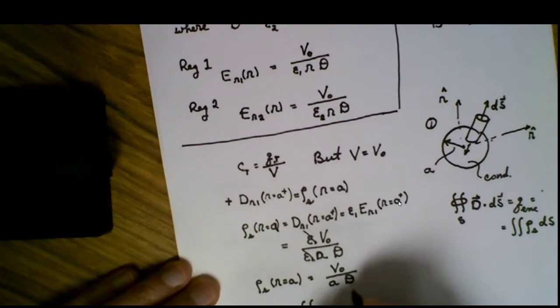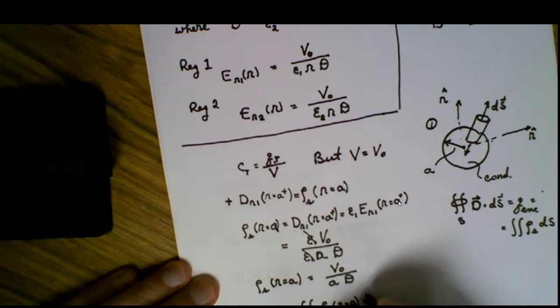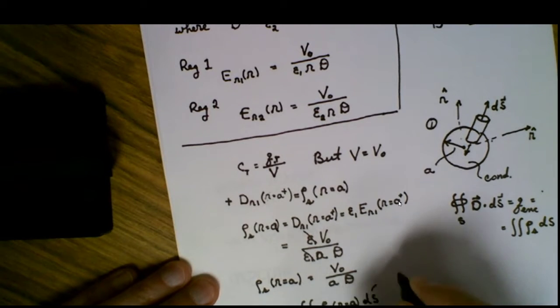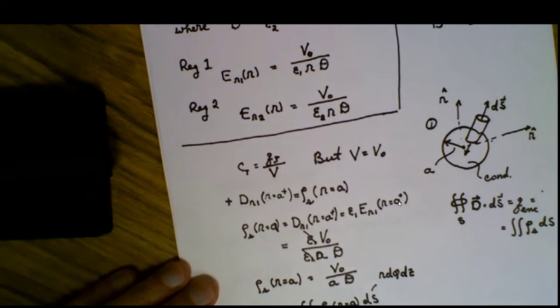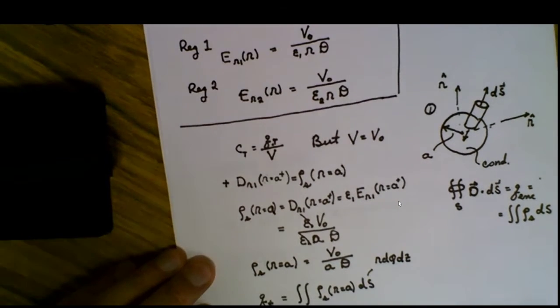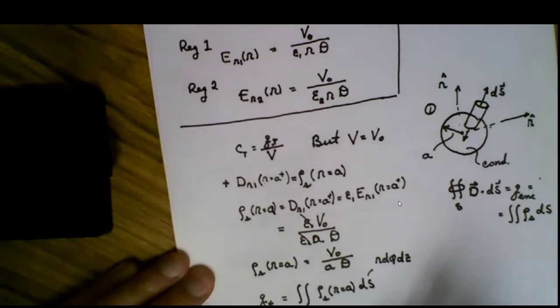And consequently, writing out the definitions first, we see that ds is going to be equal to r d phi dz in order to cover an area element on that cylindrical surface.